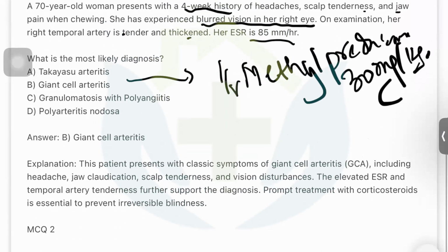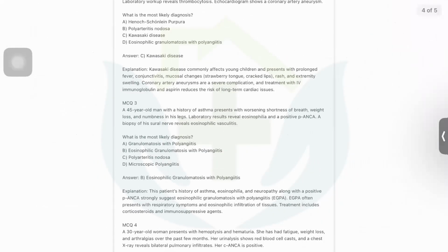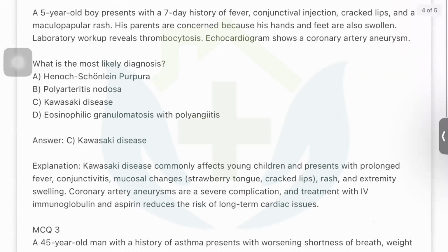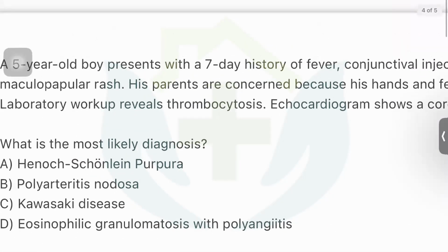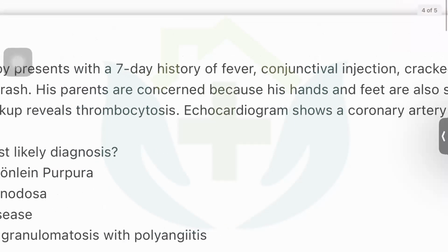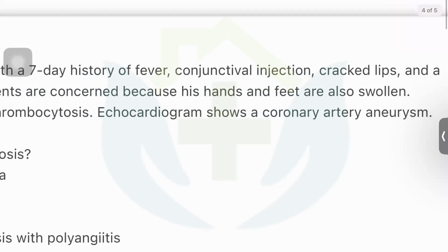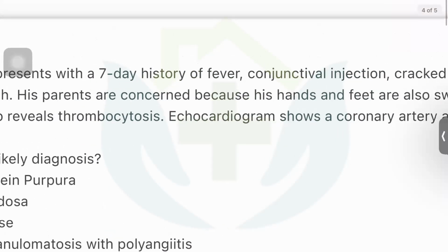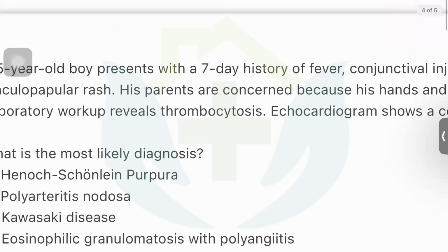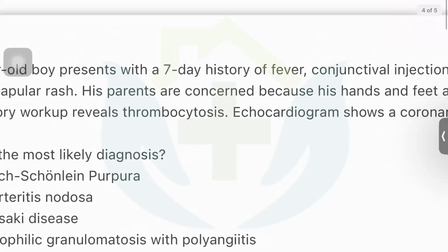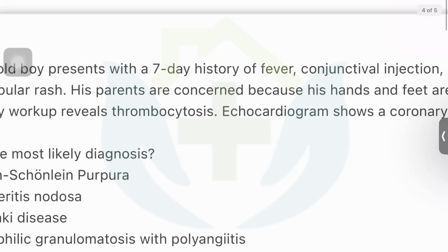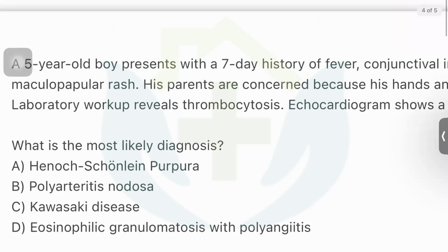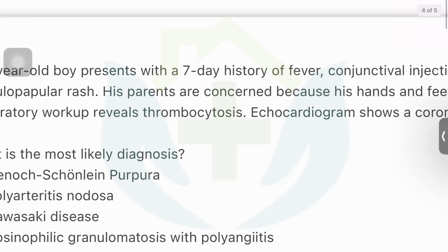Question number 2. A 5-year-old boy presents with a 7-day history of fever, conjunctival injection, cracked lips, and a maculopapular rash. His parents are concerned because his hands and feet are also swollen. Laboratory workup reveals increased platelet count, thrombocytosis.